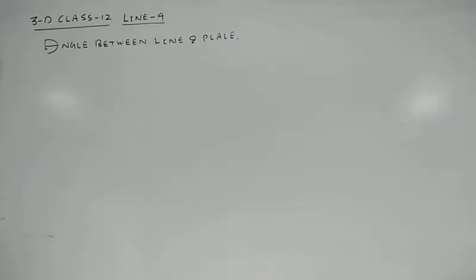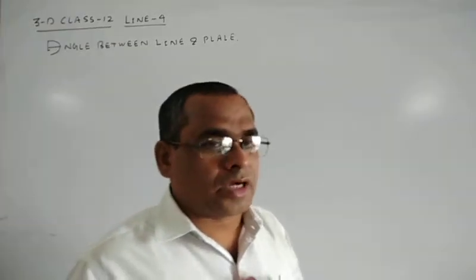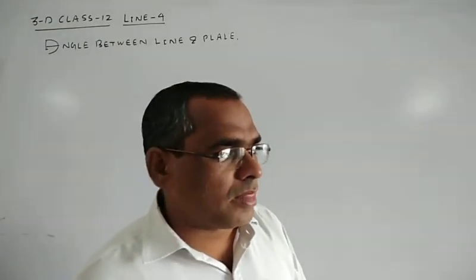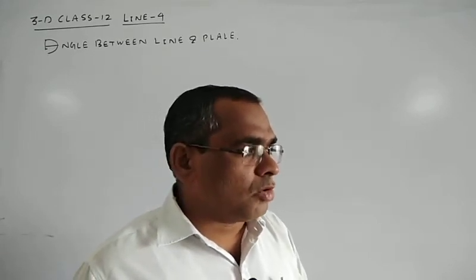Now first we discuss the angle between a line and a plane, either in vector form or Cartesian form. You know how to transform the vector form into Cartesian form and vice versa.